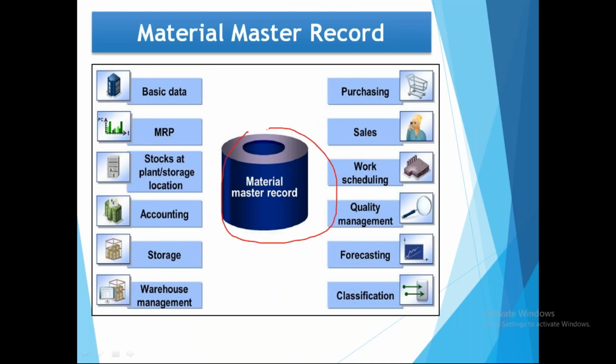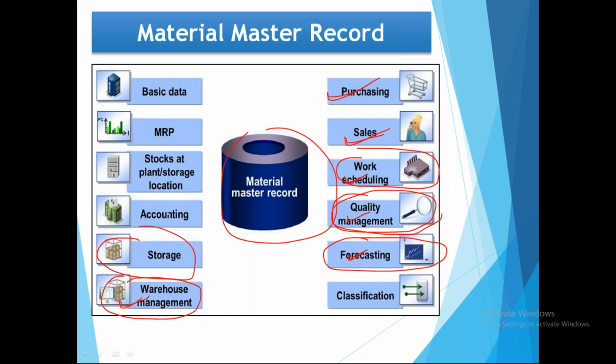in the material master, the purchasing department will maintain their data, sales people will maintain their data in sales views, the production department will maintain their data in the work scheduling view, the quality management, quality control department will maintain their data in the QM view, and the forecasting department will maintain their data in the forecast view. The warehouse department will maintain their data in warehouse and storage views, and finance people will maintain their data in accounting views.